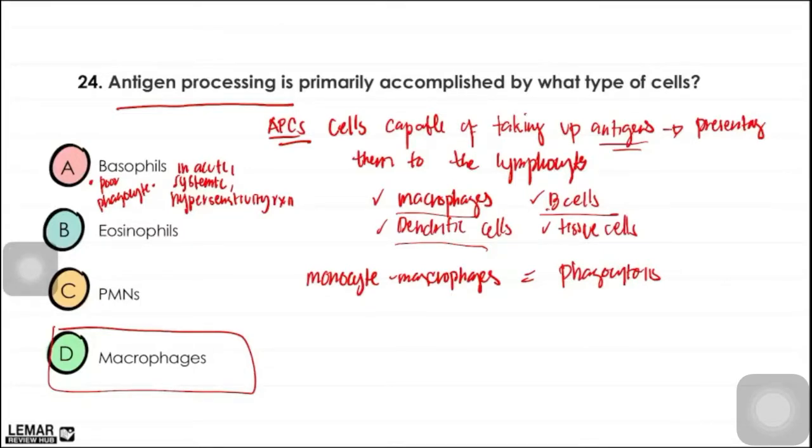And remember, PMNs do not process antigen. So number 24, the answer is letter D, macrophage.